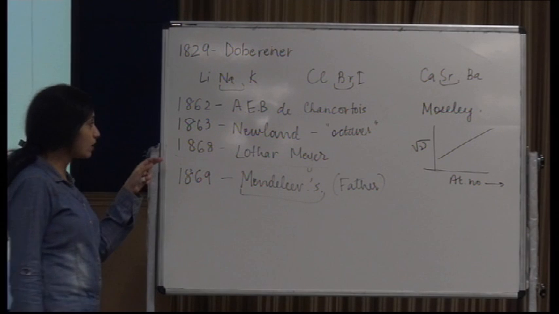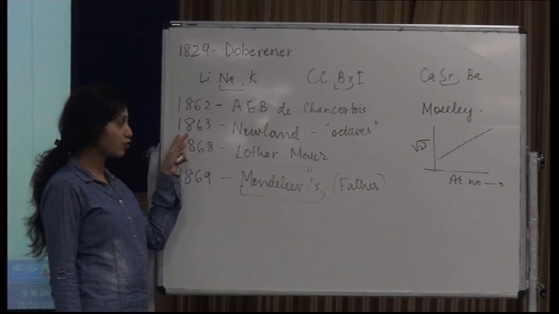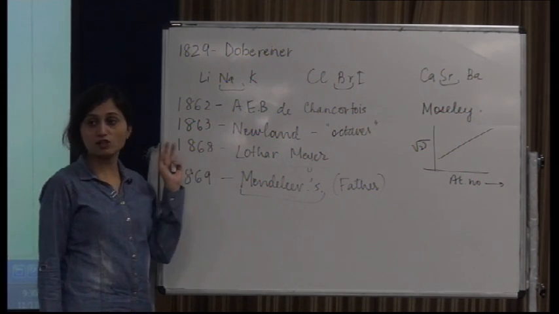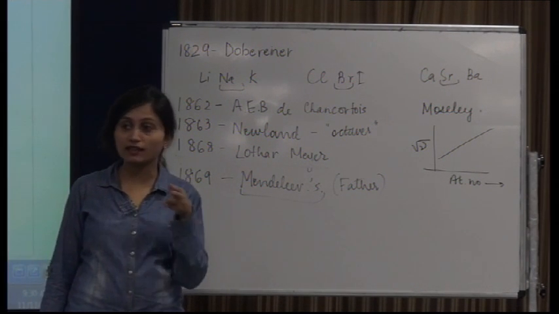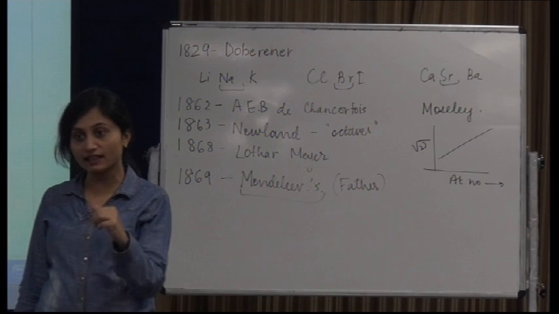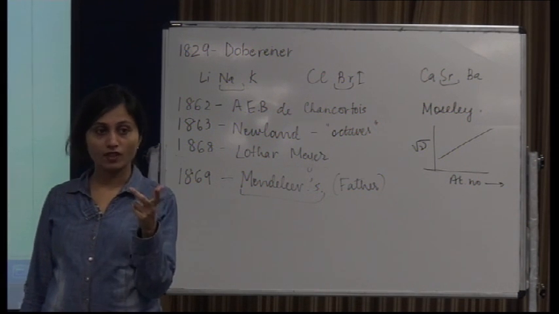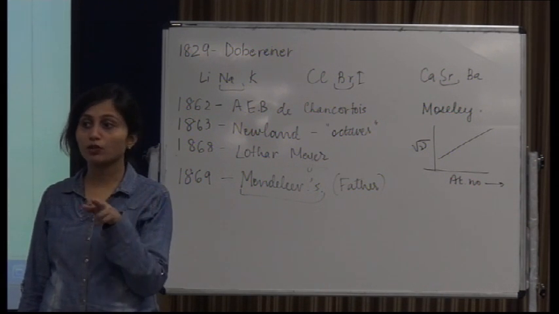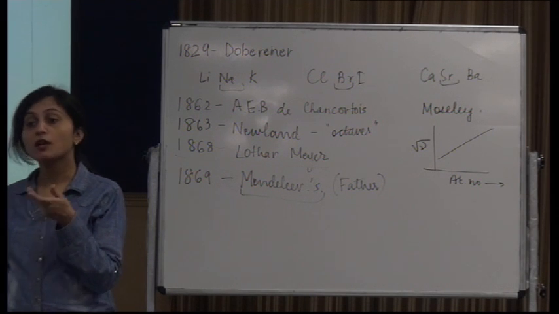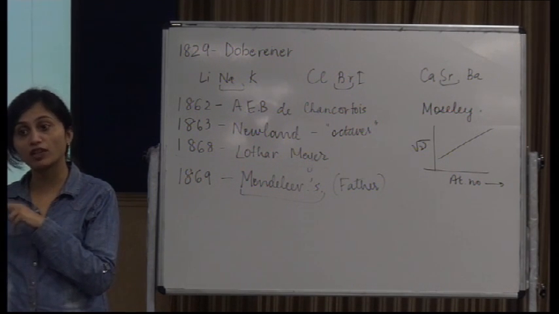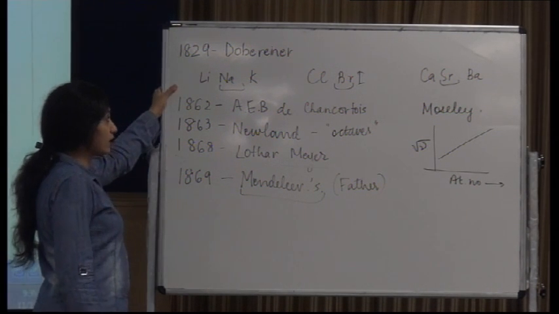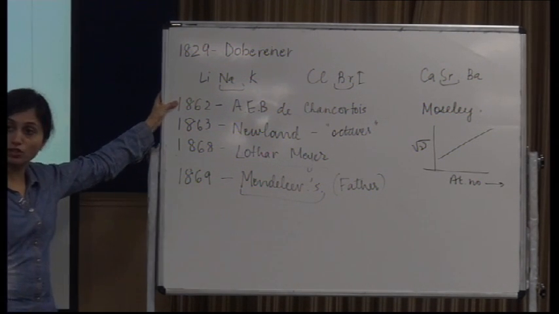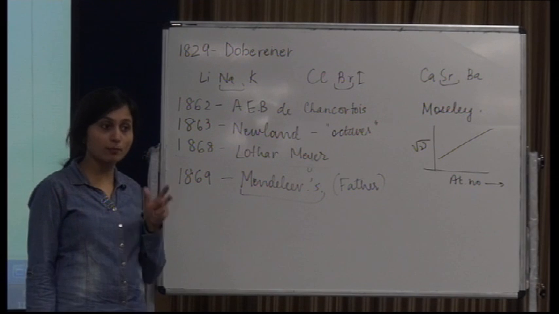Then we talked about 1863, soon after, Newlands gave his law of octaves, and his table was arranged in such a fashion that the properties of every 8th element repeated. But again he was dependent upon the atomic mass factor, though now he had started to study their properties also, because they were arranged according to the increasing atomic masses.